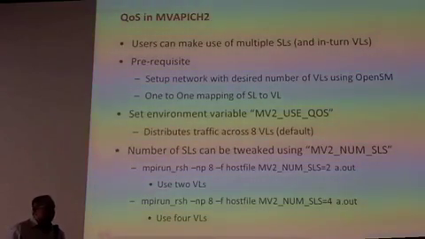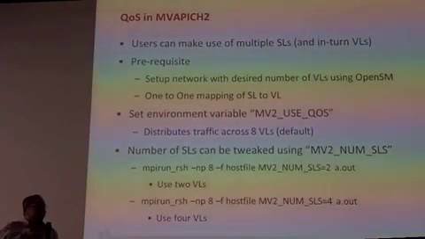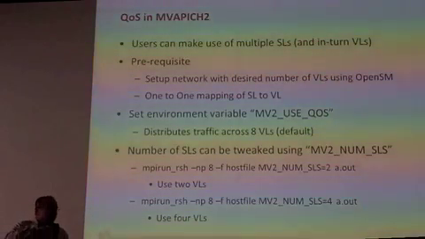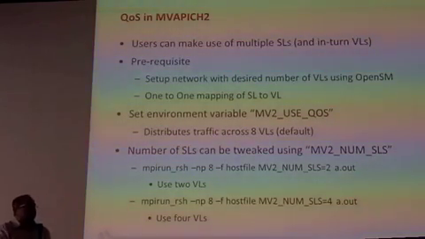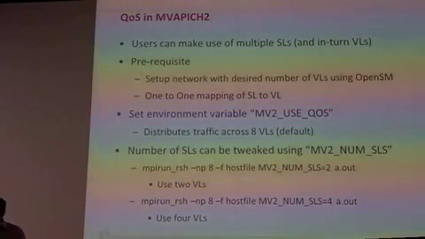It actually distributes traffic across 8 different VLs. That is the default. You can also try to use 2 VLs or 4 VLs, by just changing this parameter at runtime. And you will see a very nice improvement. So here, for example, all-to-all, the most dense communication in any MPI application.